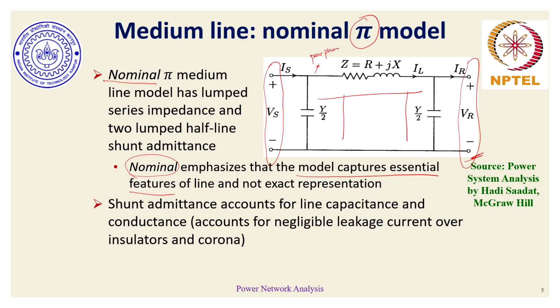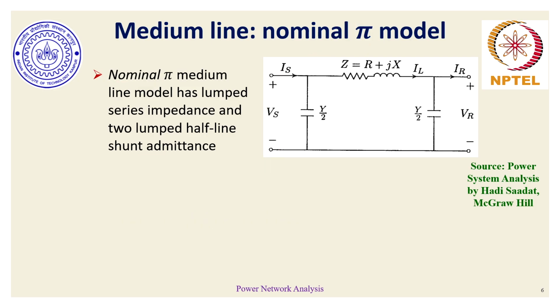And as I mentioned, the shunt admittance terms, Y by 2, come in because of line capacitance, and if conductance modeling were to be perfect, then half of the line shunt admittance is capable of representing the line capacitance and the conductance.